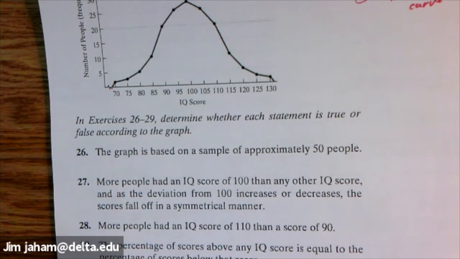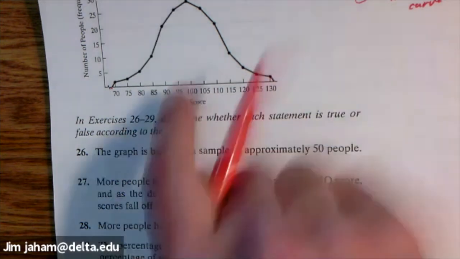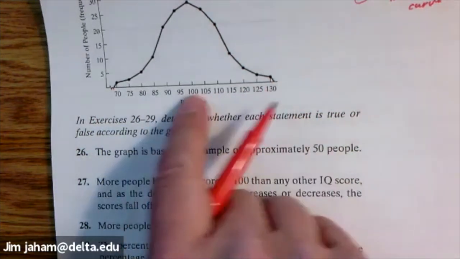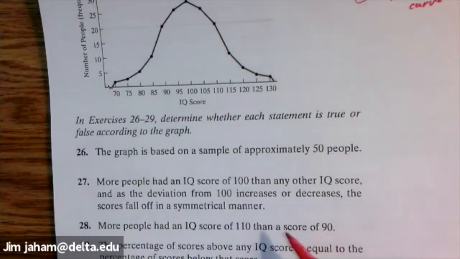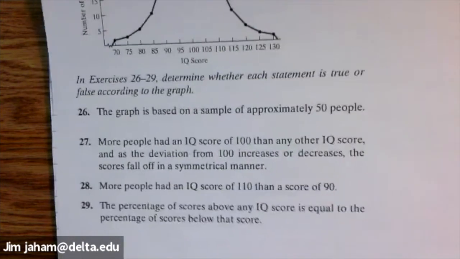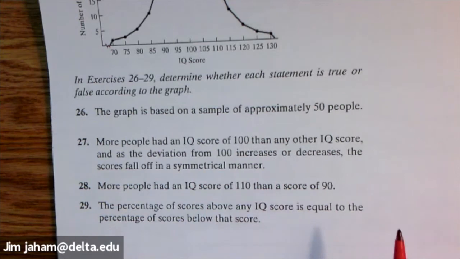As the deviation from 100 increases or decreases, the scores fall off in a symmetrical manner. More people had an IQ score of 110 than a score of 90. True or false? And the percentage of scores above any IQ score is equal to the percentage of scores below that score.